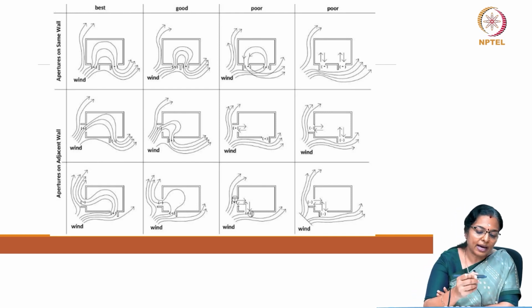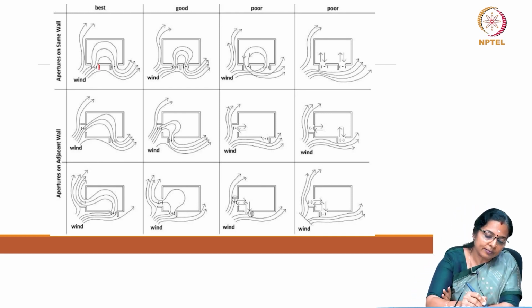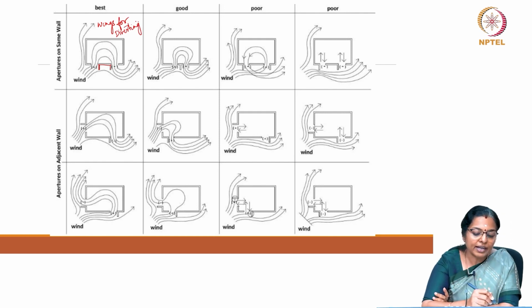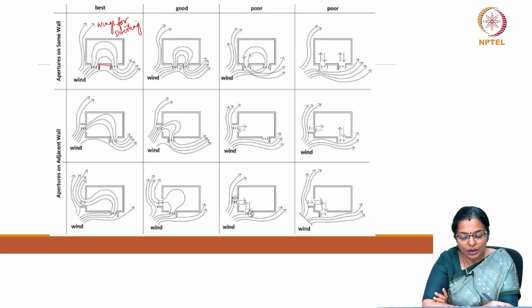Now, if you have wings, these are called wings. Using wings for diverting the flow of breeze is a very good option if you have a window only on one side.